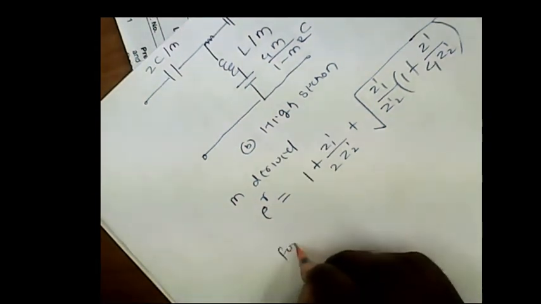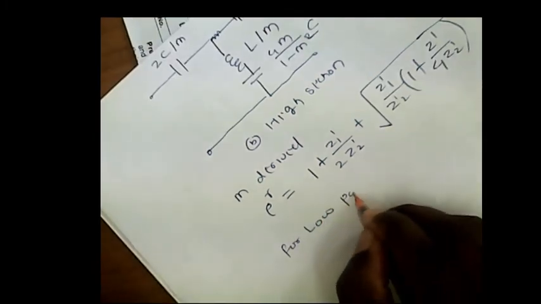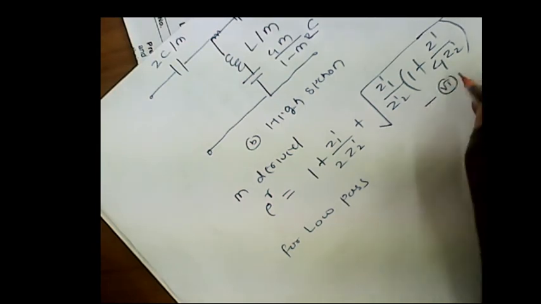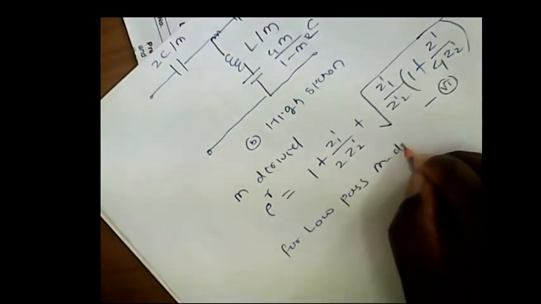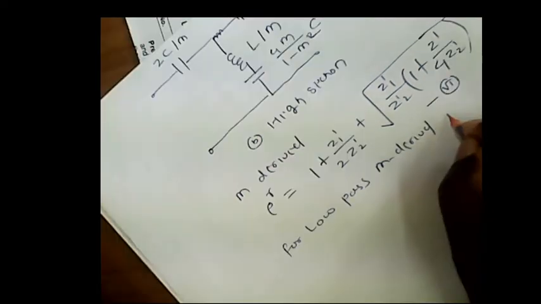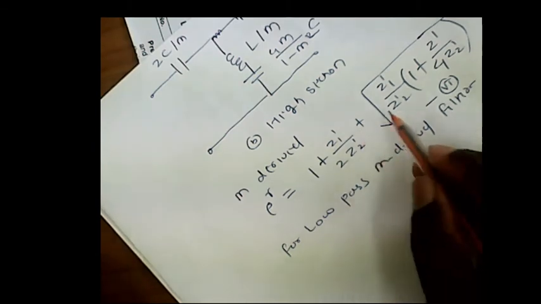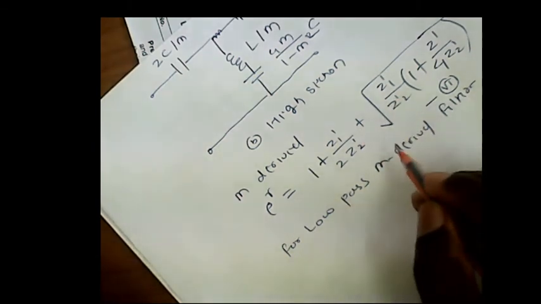So this is the m-derived propagation constant for the low pass. We can say this is equation number 6, for the low pass m-derived filter.